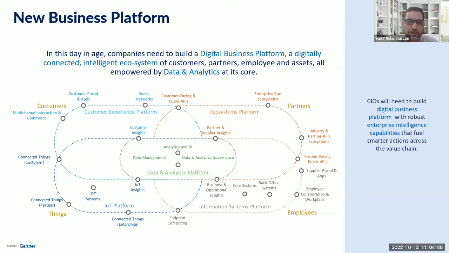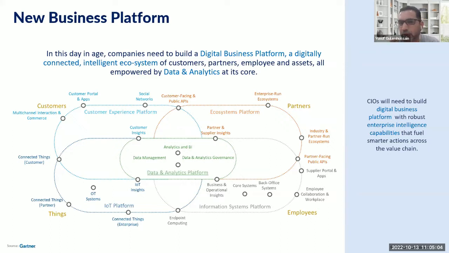How all of those entities are connected digitally will define whether your company is going to be relevant and resilient for any kind of future crisis, right? But most importantly, this digital platform needs to be driven and empowered through a robust data and analytics ecosystem at the very core of it.